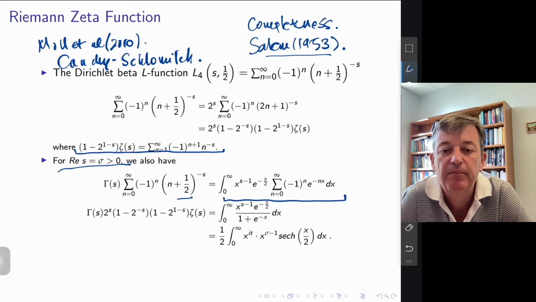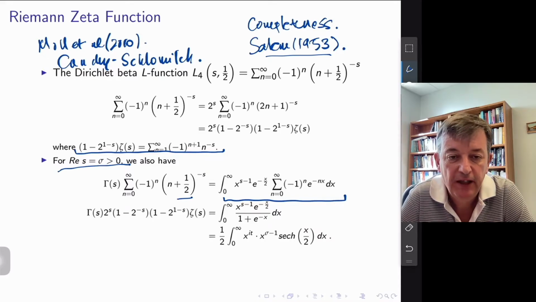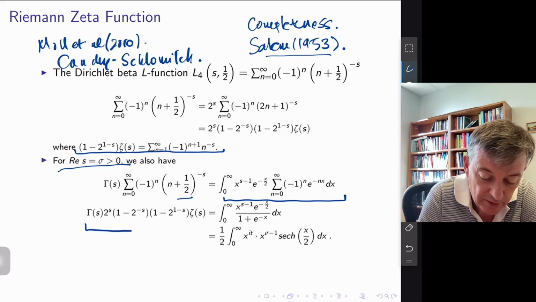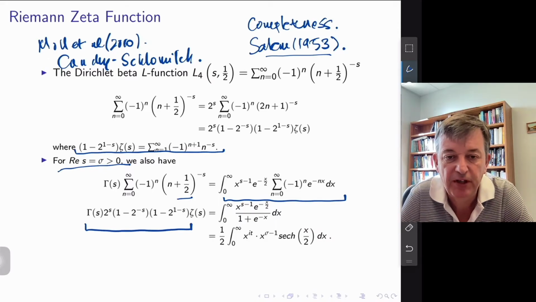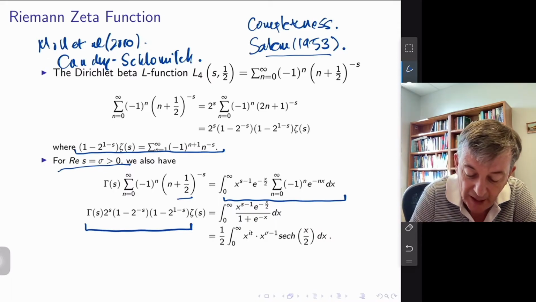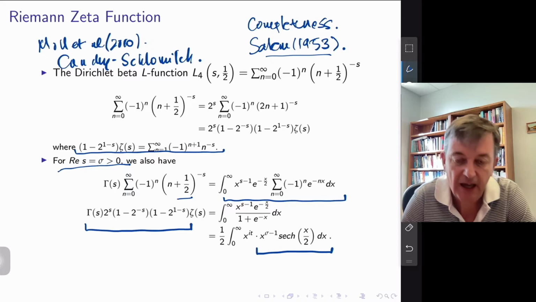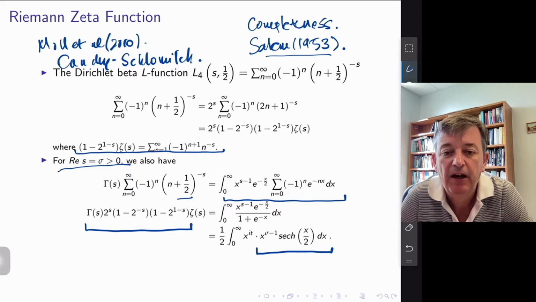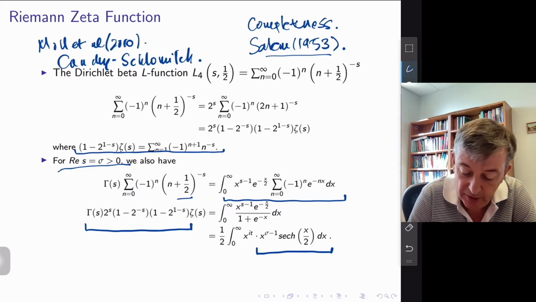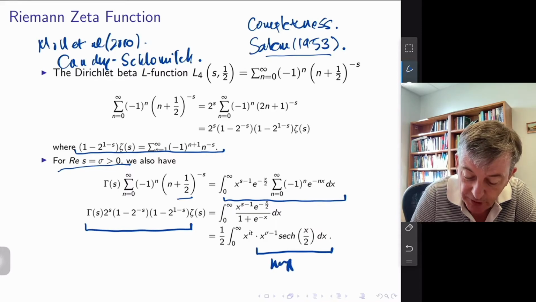Look at the Salem paper for the Fubini regularity conditions, and essentially I can prove that if I've got this regularized version of the zeta function, I end up with a Mellin transform of this probability distribution. This is called the hyperbolic secant distribution.